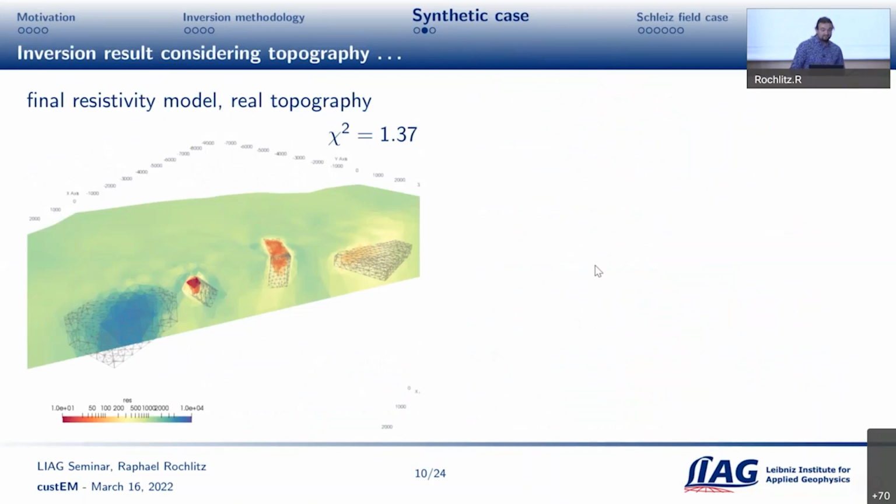Now we can invert our synthetic data set with a mesh that includes the topography. If we consider the real topography, we can see the highly resistive anomaly, the highly conductive anomaly, the semi-conductive one, and, oh, I need to think about it.